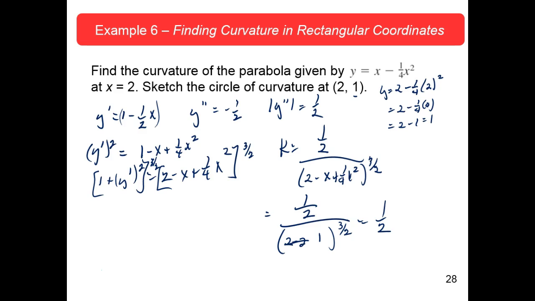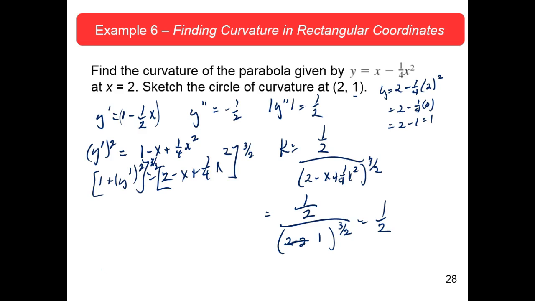And the thing about the graph is that it is a parabola, and this (2, 1) happens to be the vertex of the parabola. It's concave down, it's bending downwards, and you almost have to graph it to prove to yourself that's true. At x equal 2, y is equal to 1, we'd already done that.